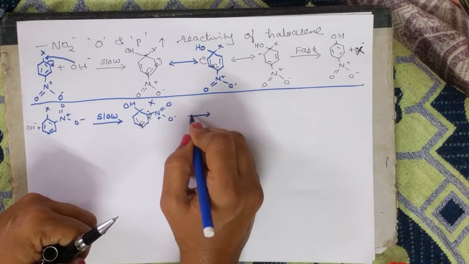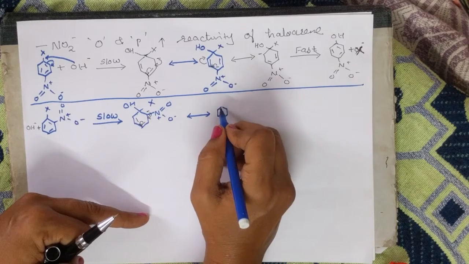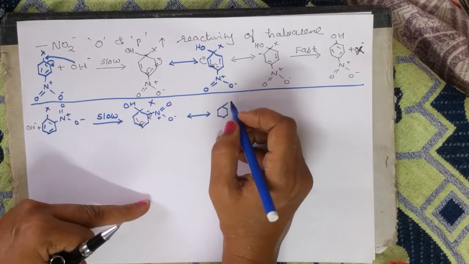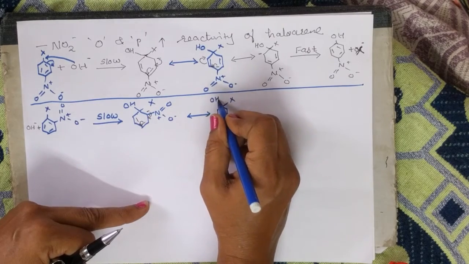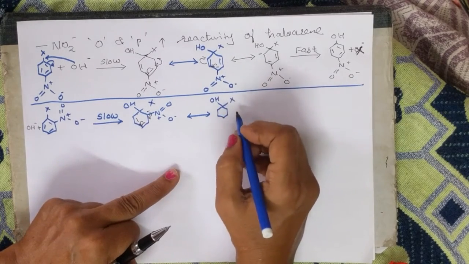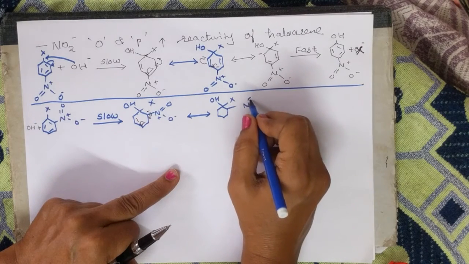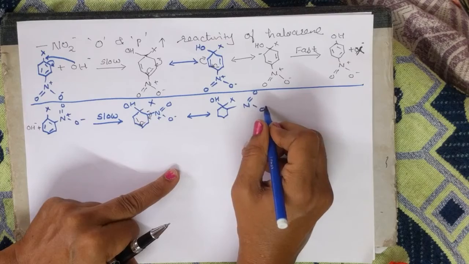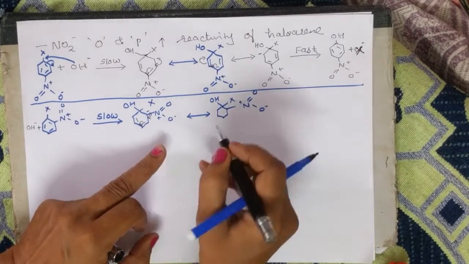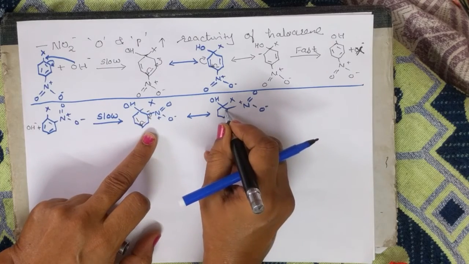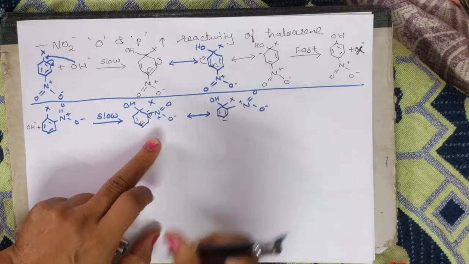So the next resonance: here is X, OH, then N double bond O, O minus, here N with the plus, O minus. Now here what happens, student? Here you have a bond, here it is a minus charge.